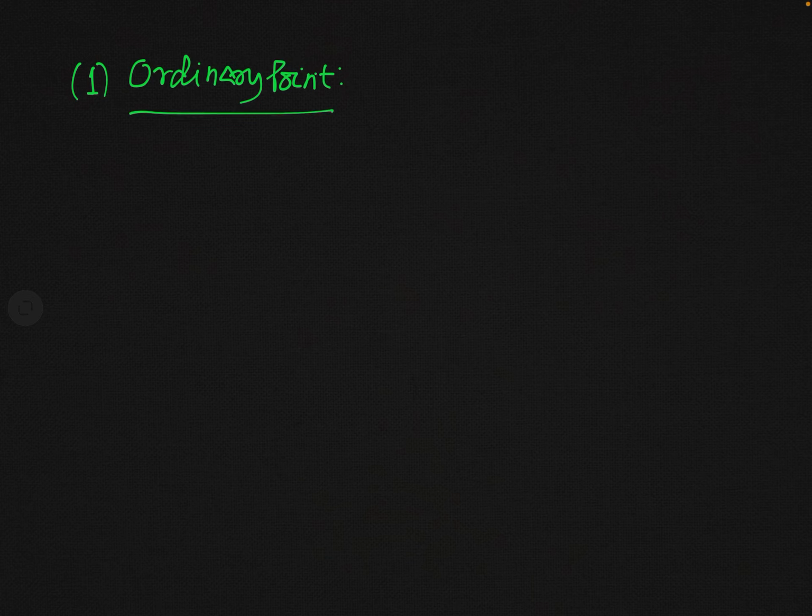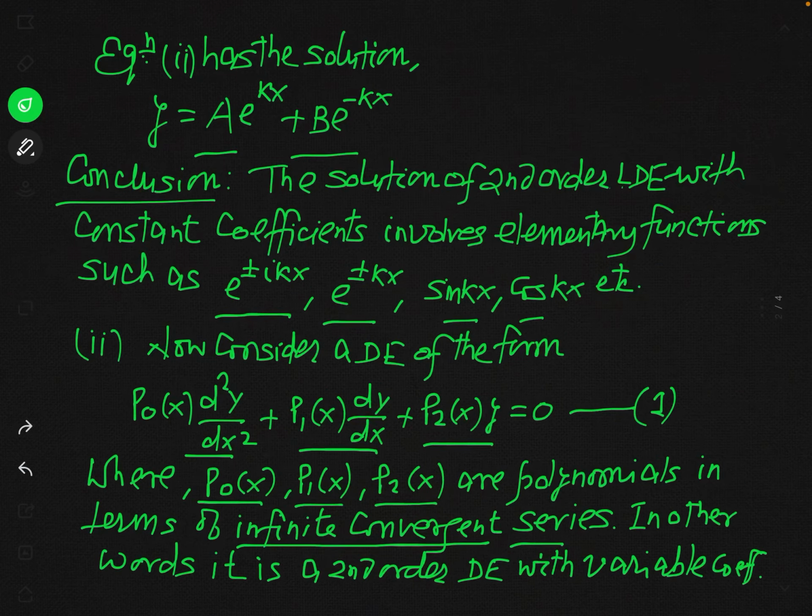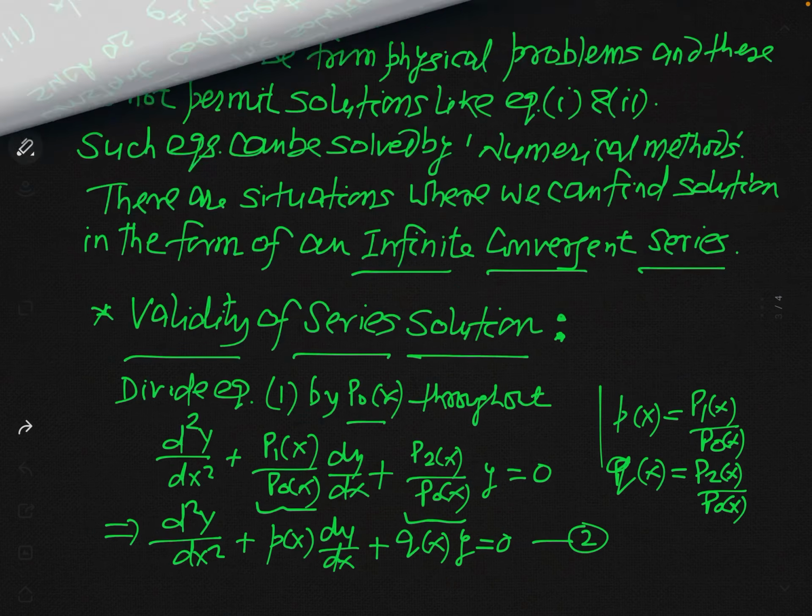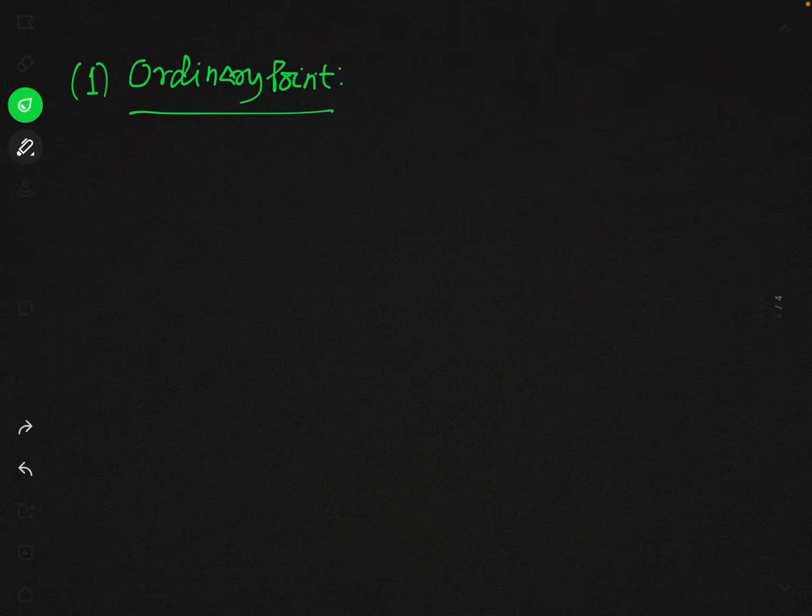What is this ordinary point of the equation which I have defined in equation 1? How is it defined? Let us see.